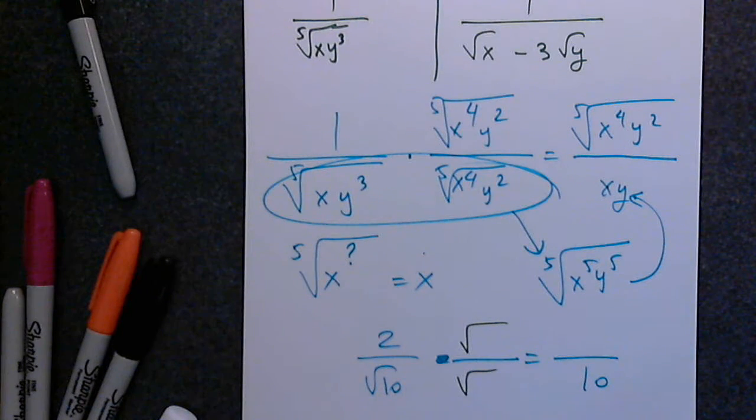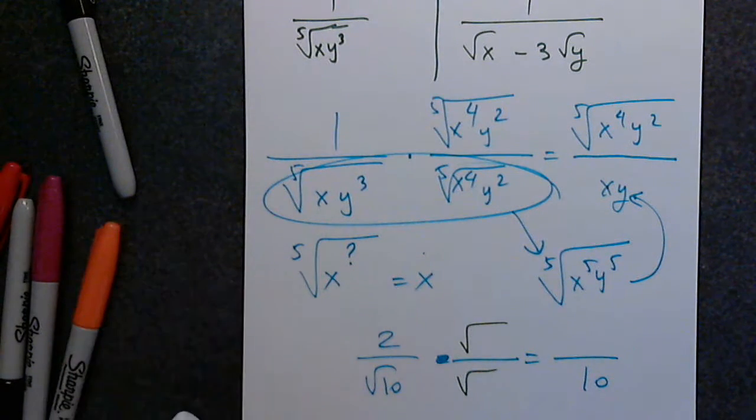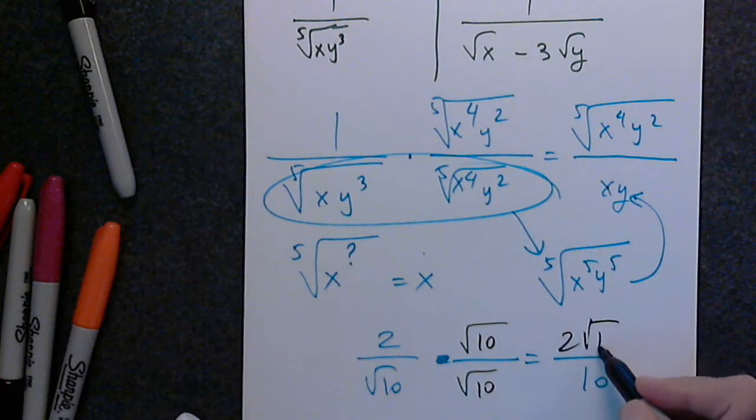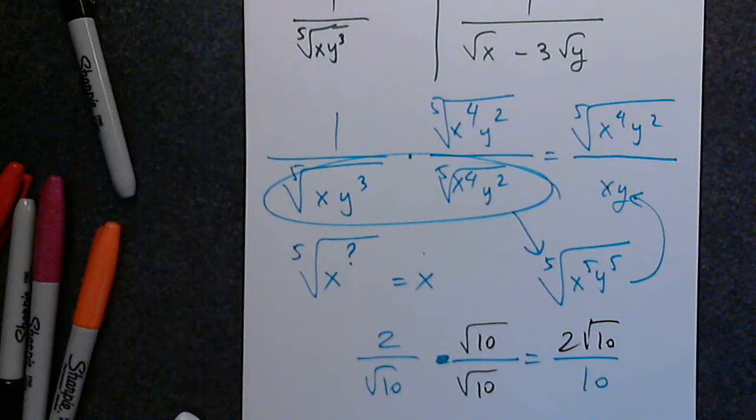But what do I need? Top and bottom. 10. Of course. 10 to the first power. The numerator is 2 times the square root of 10. The denominator must be the square root of 10 times the square root of 10, which is the square root of 10 squared, which is 10.